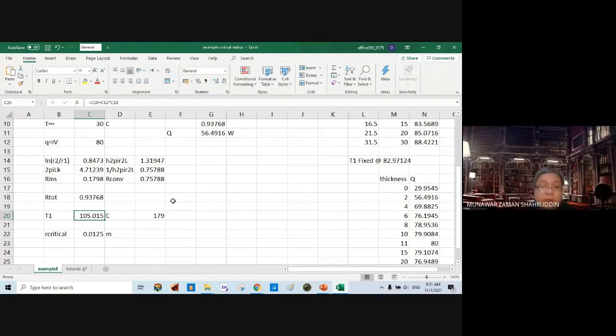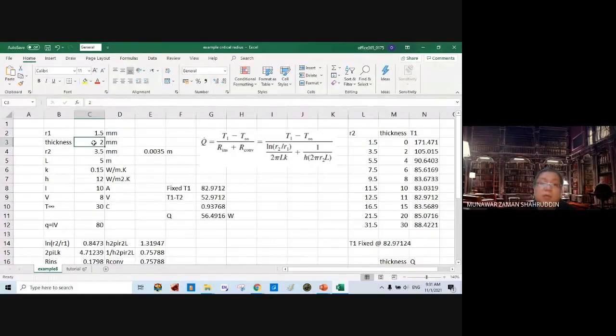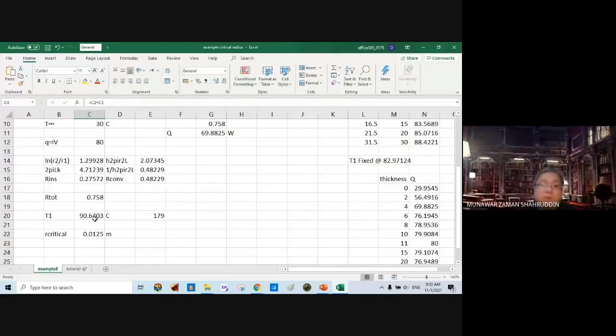And what happens if we increase the thickness? It becomes 90 degrees. Just now we had 105, right? So it turns out to be 90 or 91 degrees.